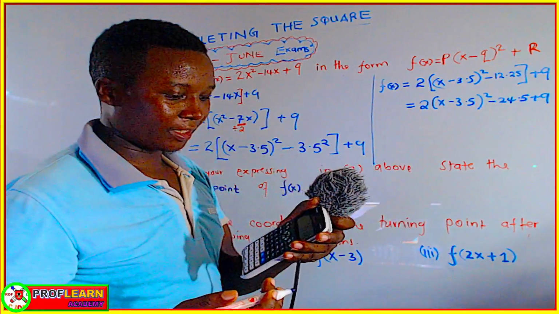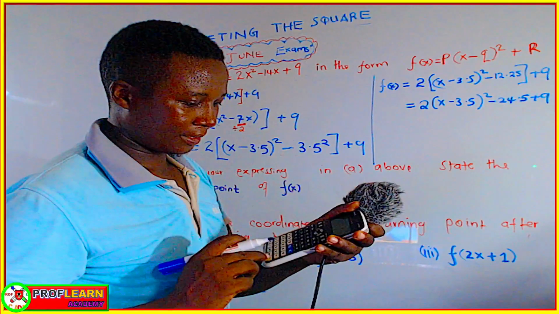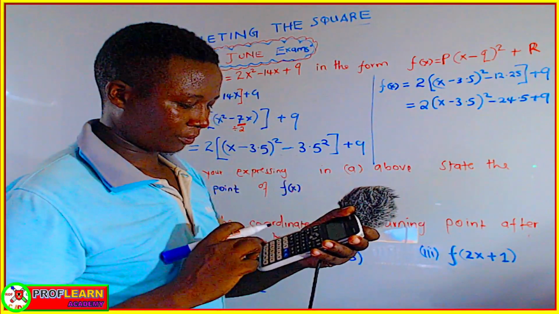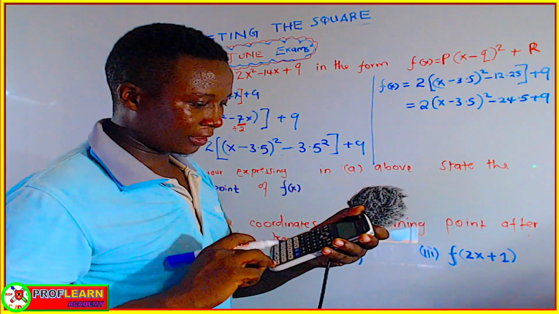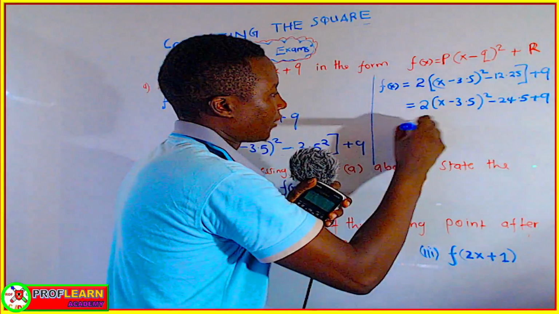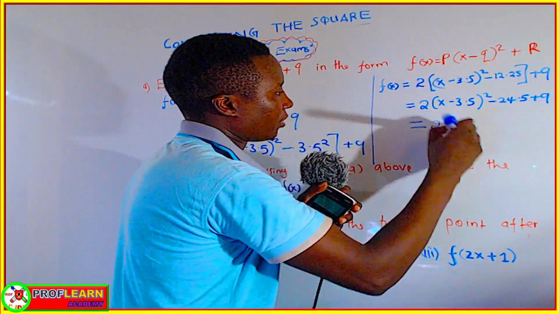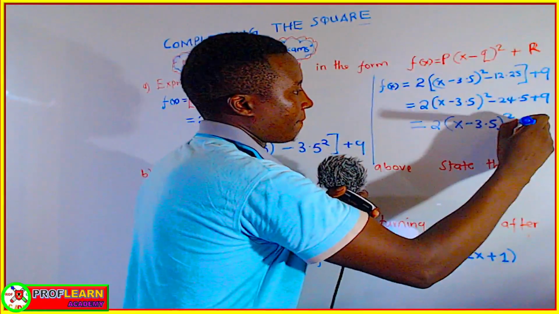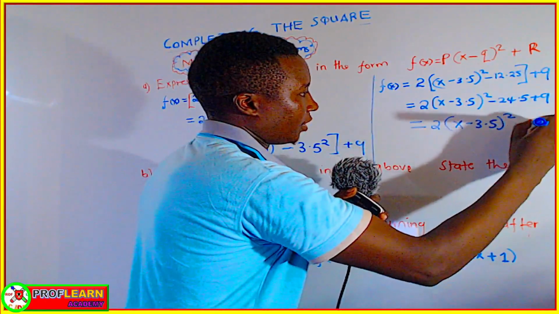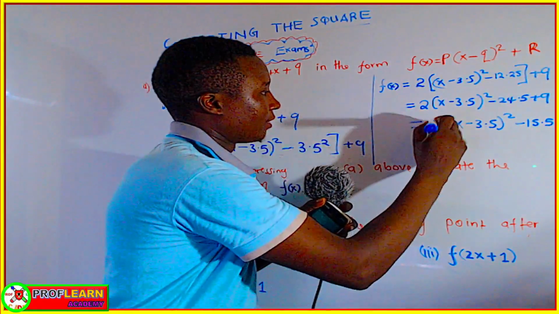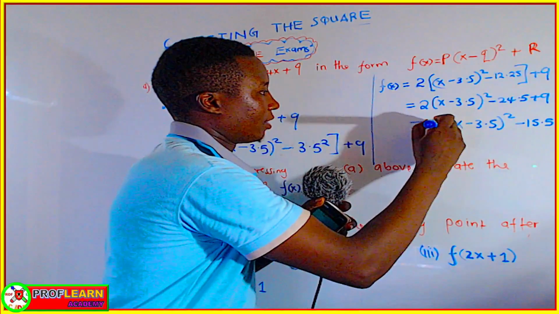We add 9, and that's going to translate to negative 15.5. So our expression finally becomes 2 into x minus 3.5 squared minus 15.5. Now 15.5 is the constant term that we are having.